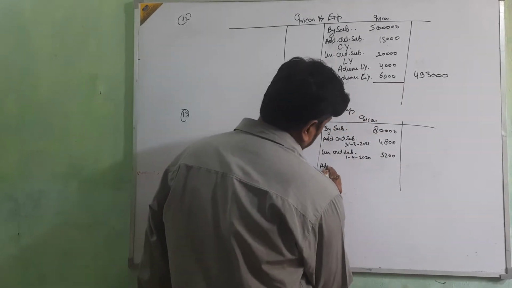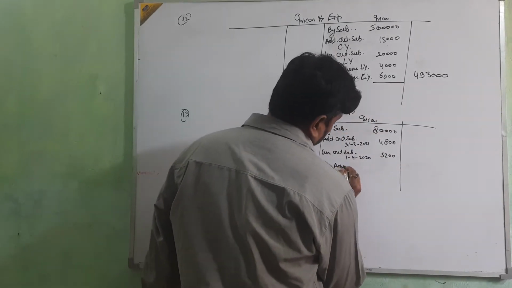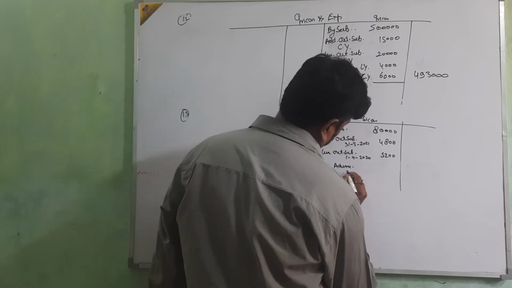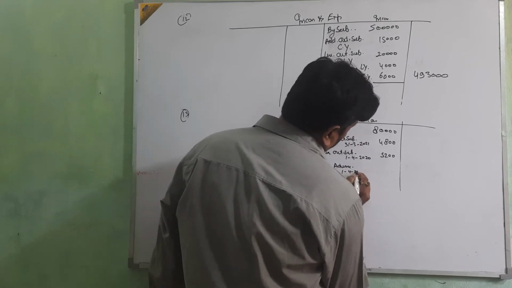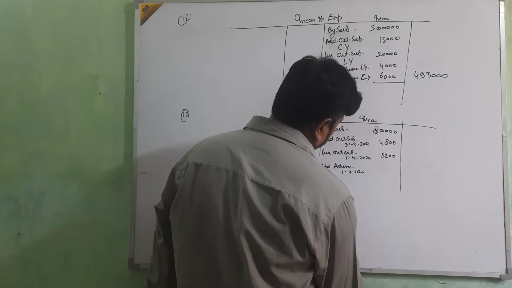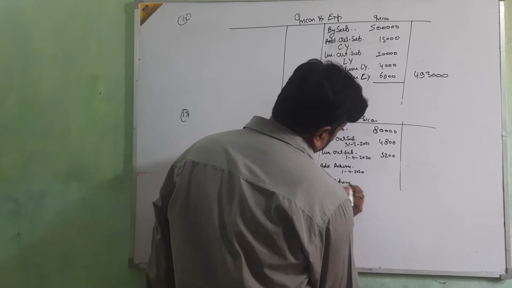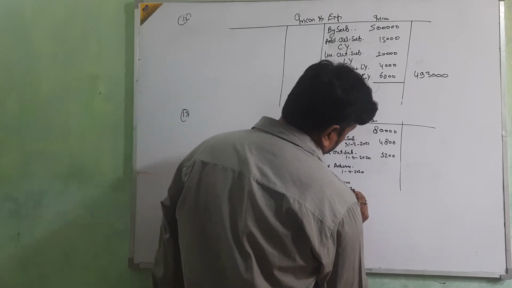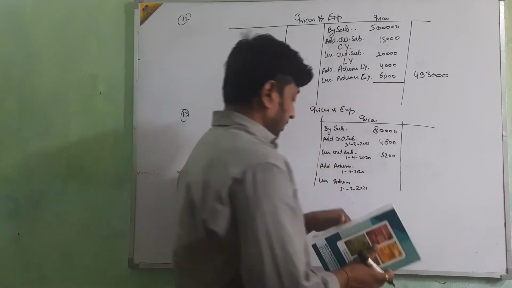Then add advance 1/4/2020 and less advance 31/3/2021. Just put these values.